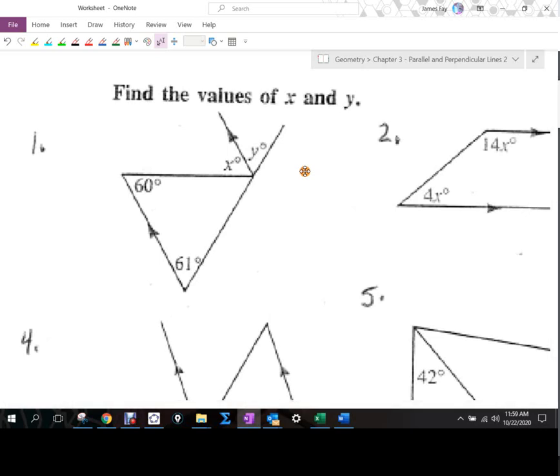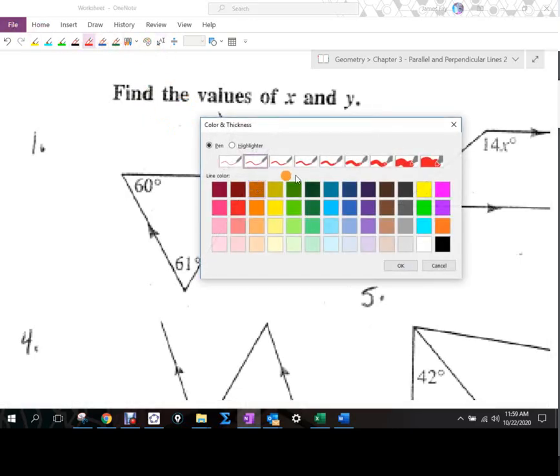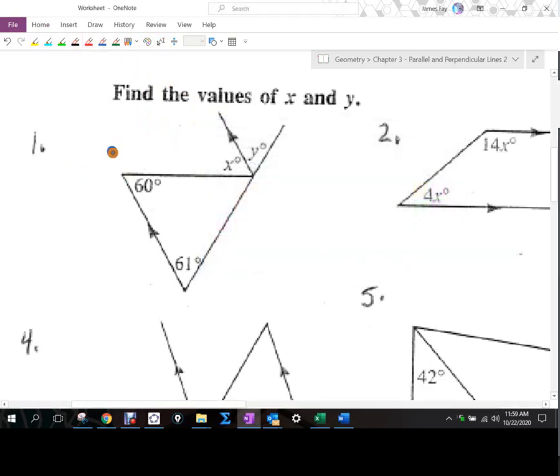We've got multiple transversals here. If I look at that parallel line, which transversal do you guys want to look at first?